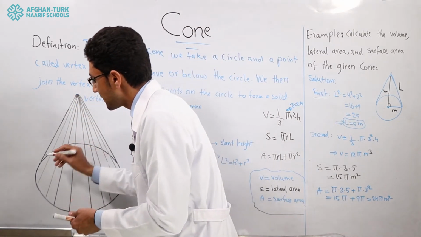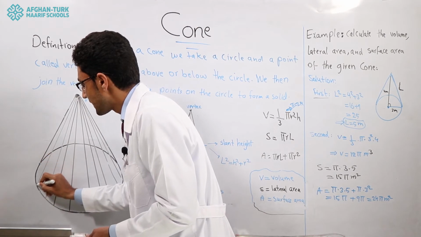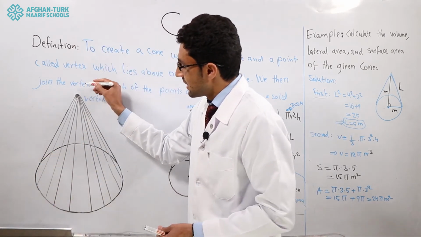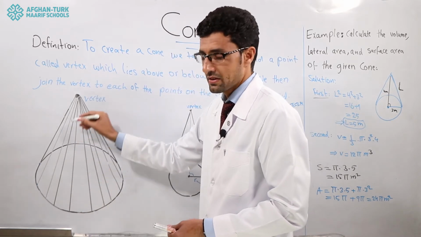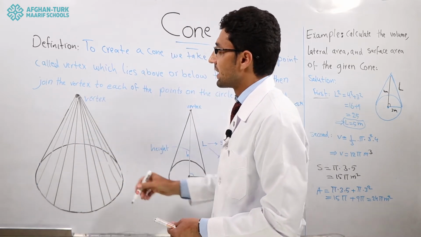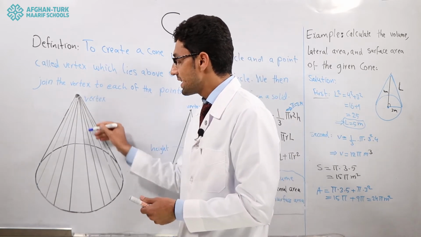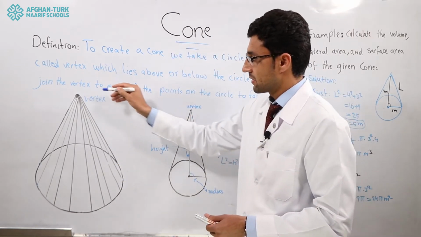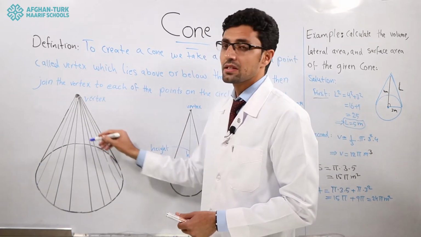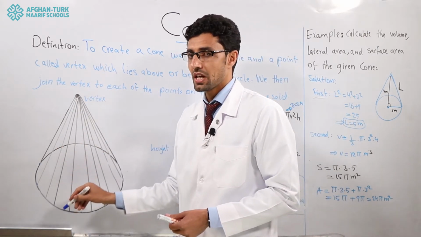In a circle we have infinite points, yeah? So we can draw many lines. Infinite lines, yeah? So in order to form a solid figure or shape.